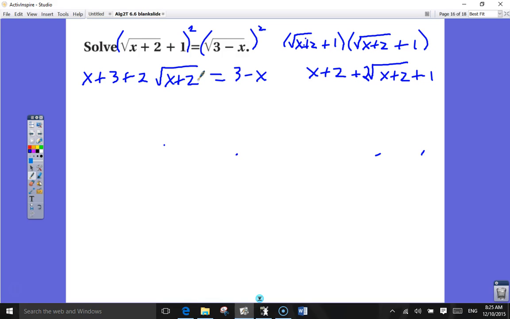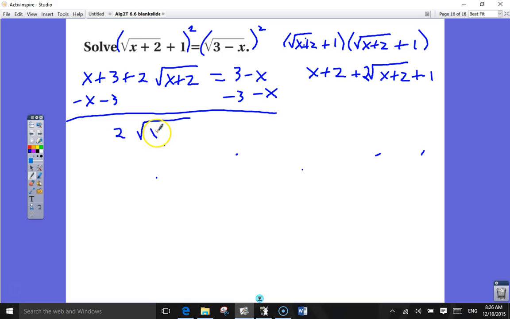So now I have to isolate the other radical. Right? Subtract x plus 3. And now I've got 2 times the square root of x plus 2 equals, and now the 3's cancel, I get negative 2x.